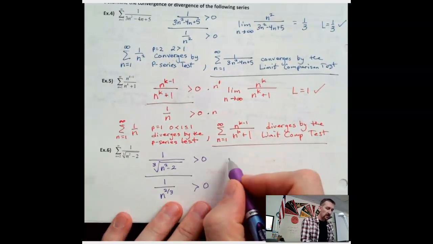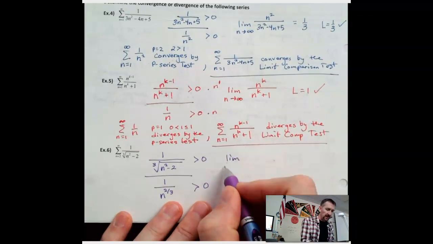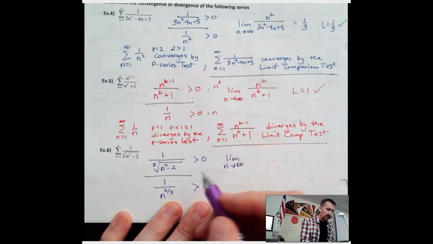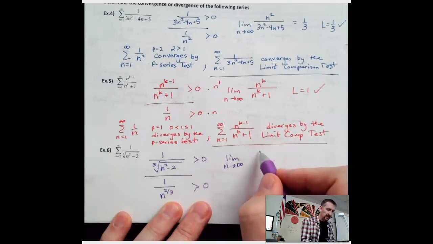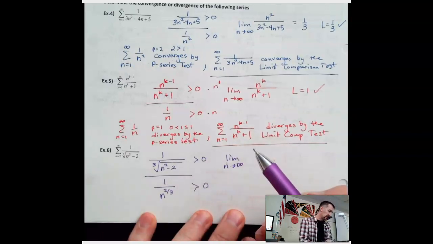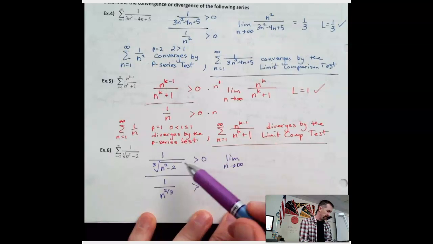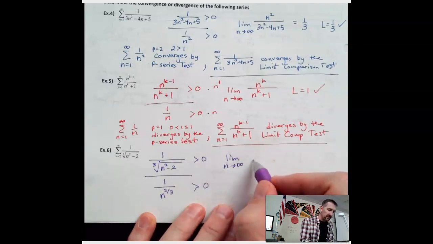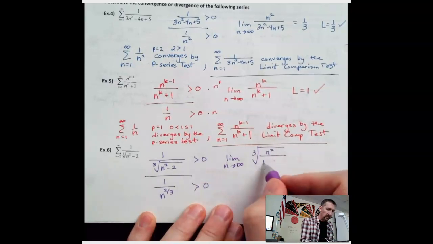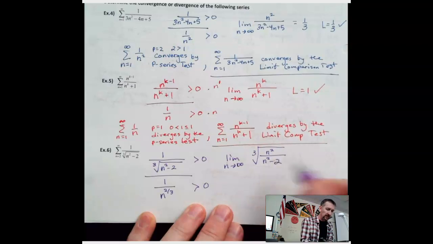If we take the limit of that, we have to take the limit to make sure. So that's n to the 2/3 times the cube root of n squared over n squared minus 2.